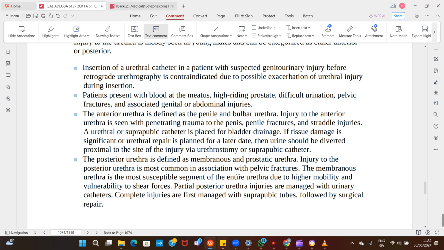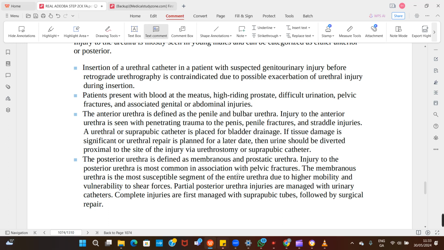So the summary is that with posterior urethral injury, you are talking about injury to the membranous part, like the bulbomembranous junction, right? The patient is going to have a high riding prostate, blood at the meatus, difficulty voiding. And what you do is look at it by doing your retrograde urethrogram.